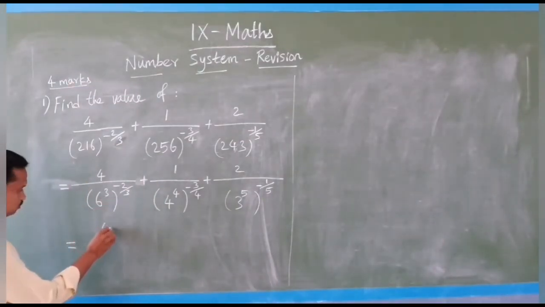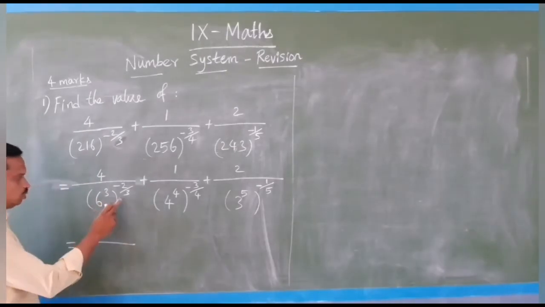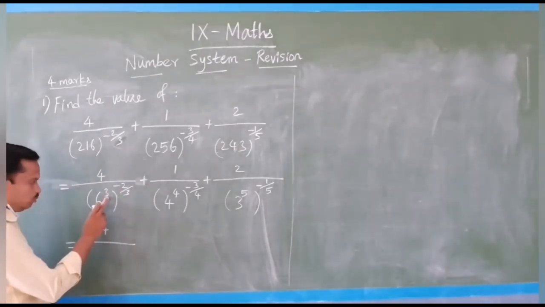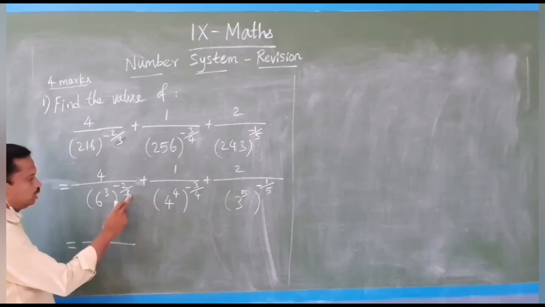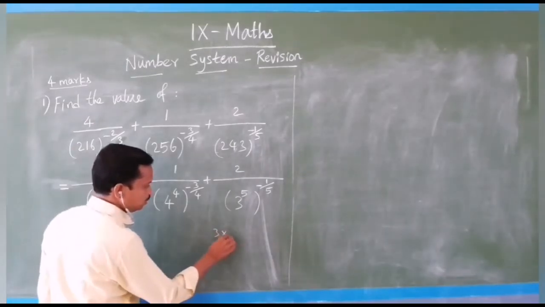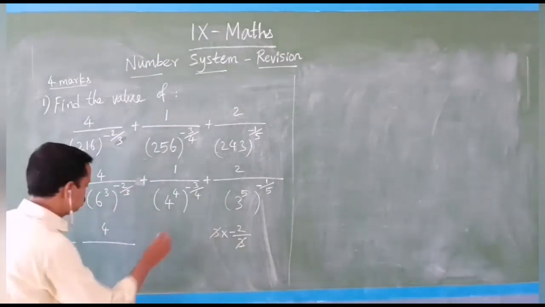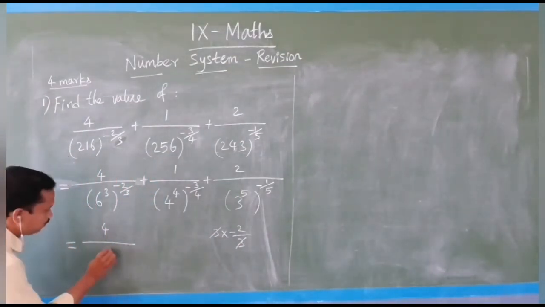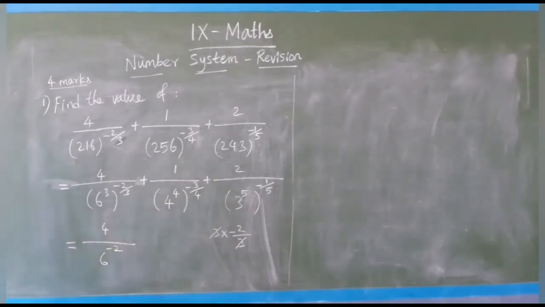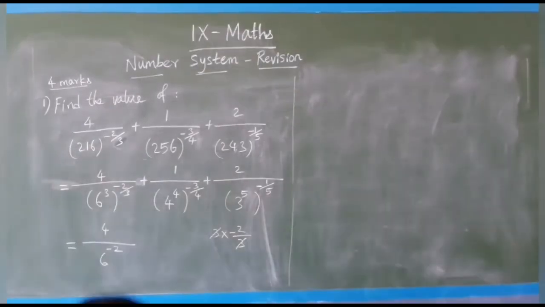Here 6 cube whole to the power minus 2 by 3. So power into power, what do you get? 3 into minus 2 by 3, you can easily cancel, and you get minus 2 only. So 6 to the power minus 2 comes.